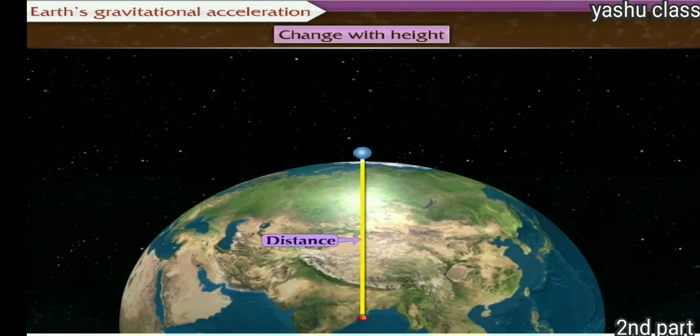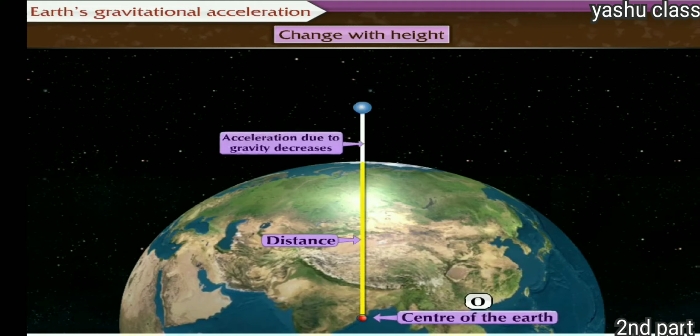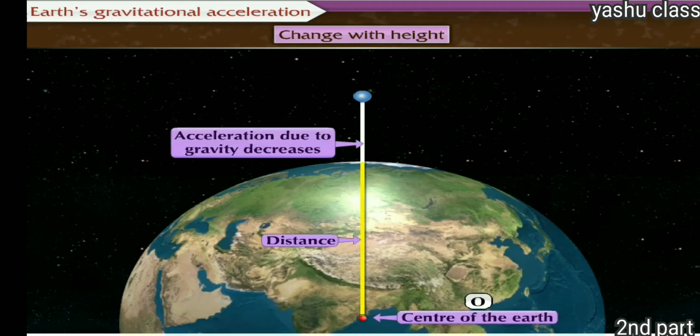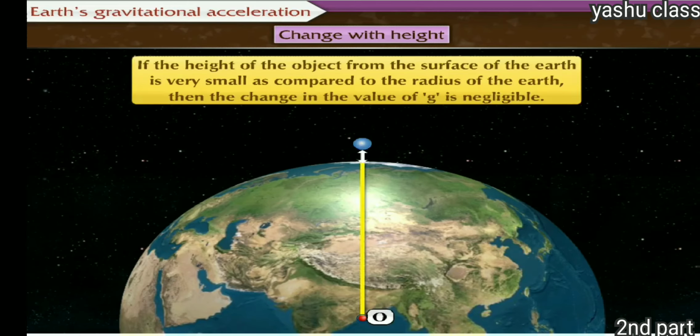2. Change with height. As we go above the Earth's surface, the distance between that point and the Earth's center increases, due to which acceleration due to gravity decreases. If the height of the object from the surface of the Earth is very small as compared to the radius of the Earth, then the change in the value of g is negligible.